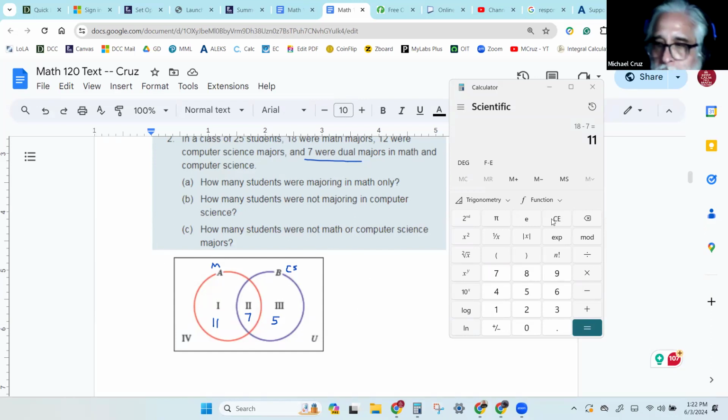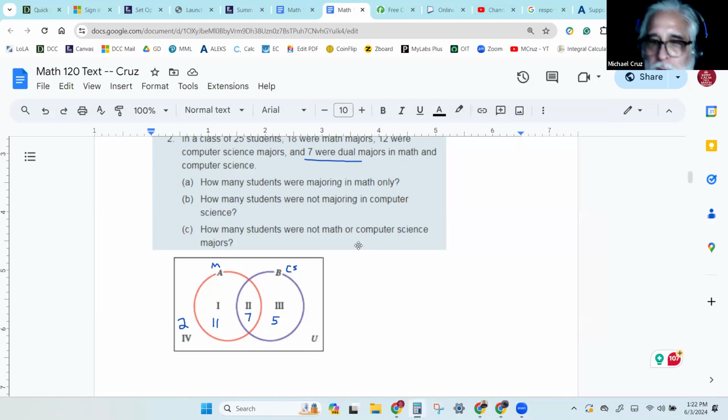So we've got in there total, 11 plus 7 plus 5. So 23. It's 25 minus 23, which means that there are two people that are majoring in philosophy, something else. Okay.